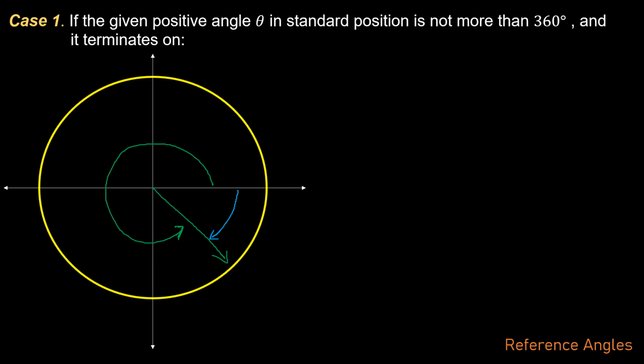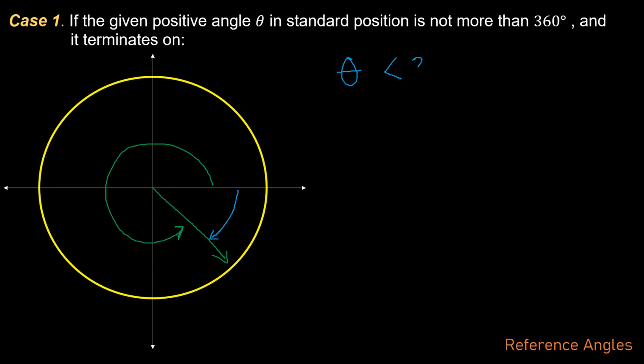And it is very obvious that that green angle plus this in blue will give you 360 degrees. So to get this blue angle representing the reference angle, we are now going to subtract the given angle in green from 360 degrees.